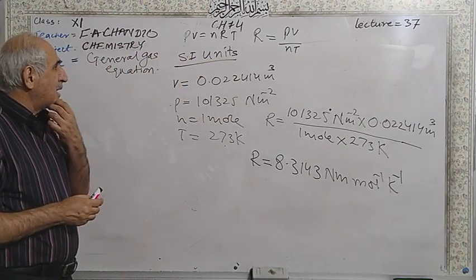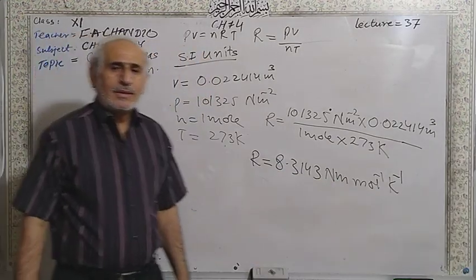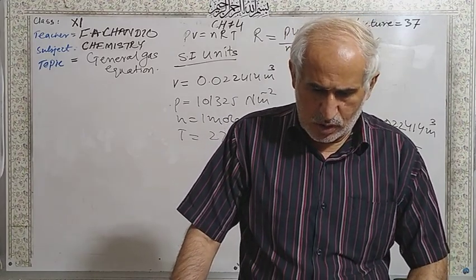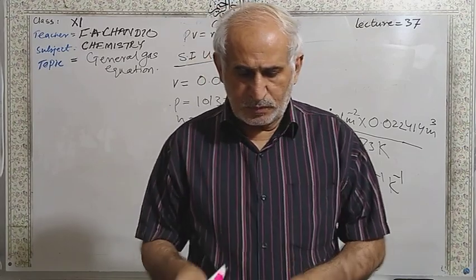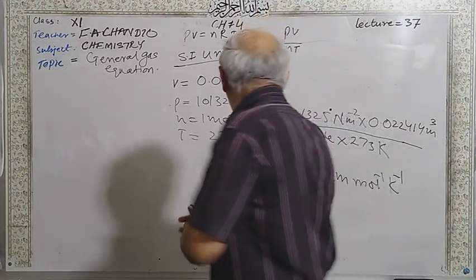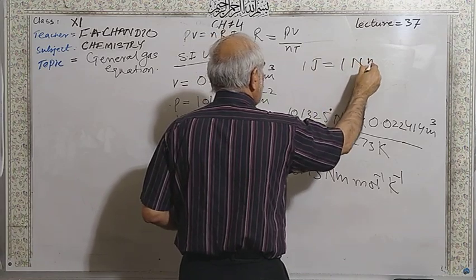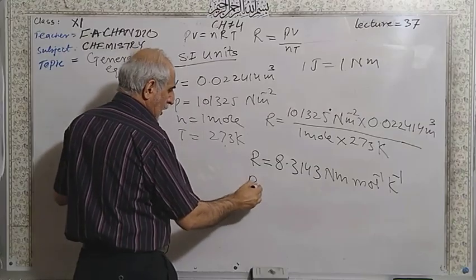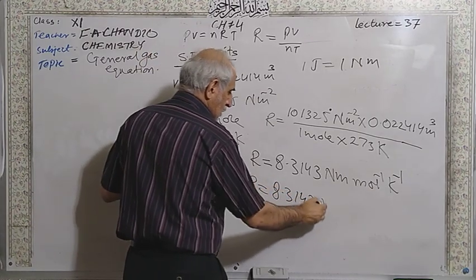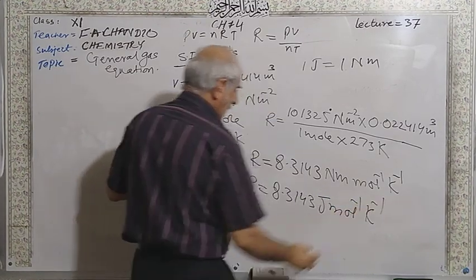This is the SI value with the unit of the universal constant R. You can change it into joule, because 1 newton meter is equal to 1 joule. So that's why R will also be 8.3143 joules per mole per Kelvin.